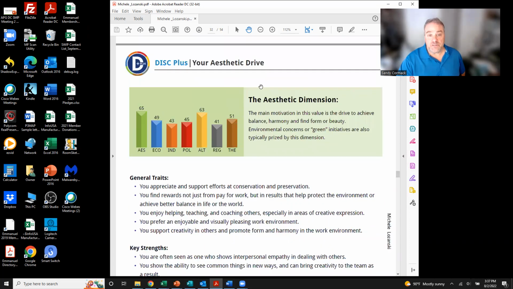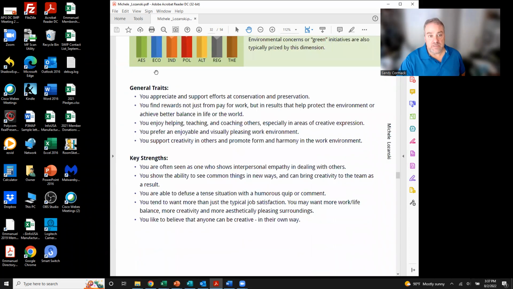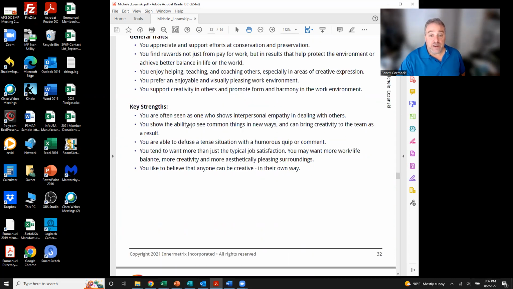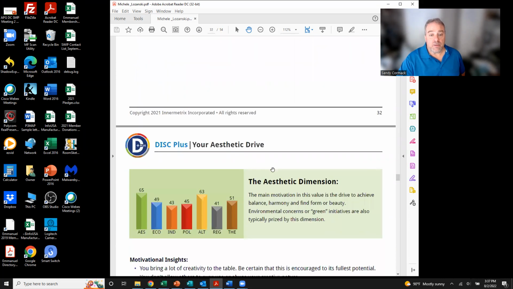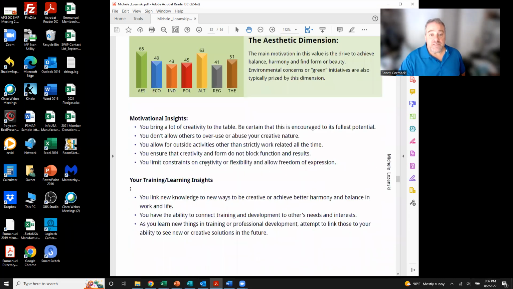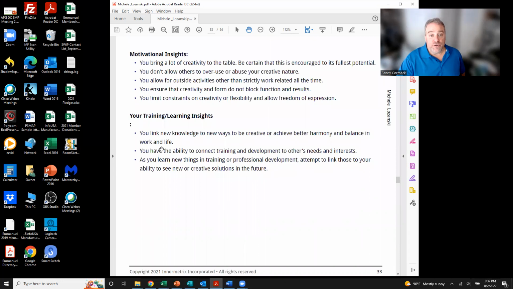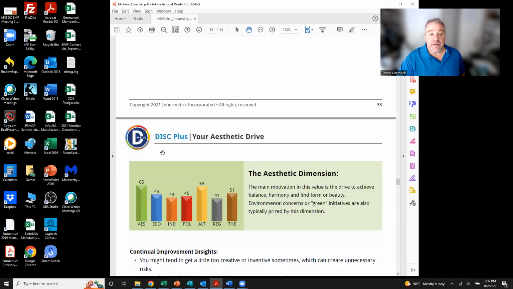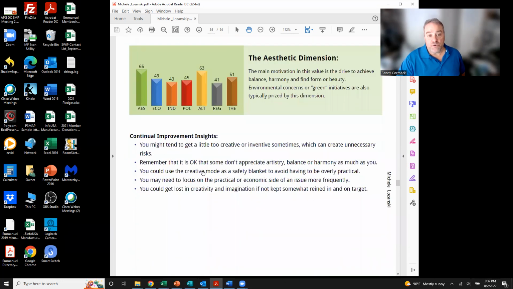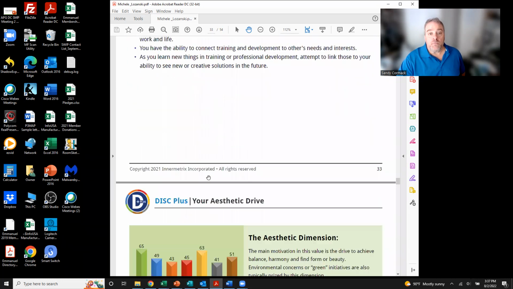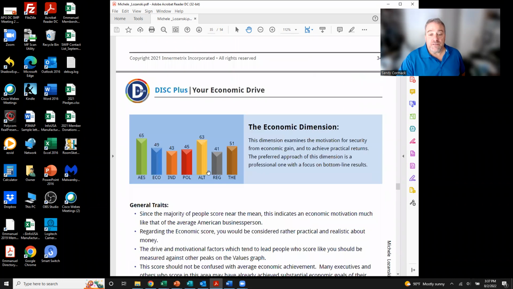So this is the aesthetic dimension for this person. It has bullets to describe the general traits associated with it, the key strengths that come from it, the motivational insights, the training and learning insights, and then the continual improvement insights. And it does this for each one of the 7 dimensions.